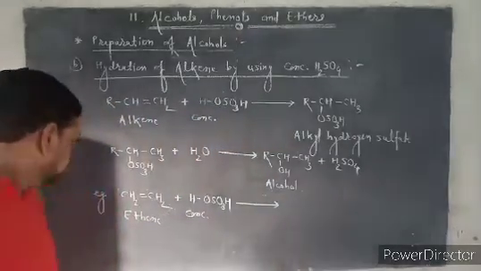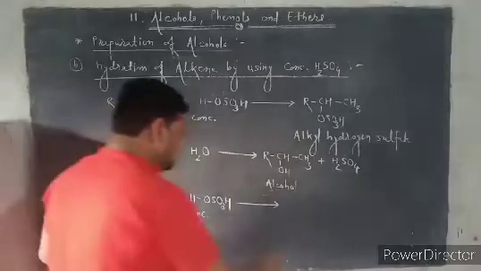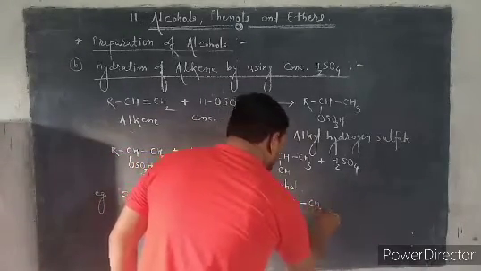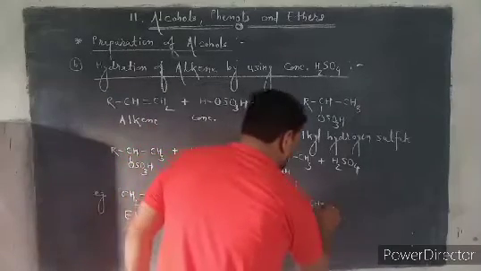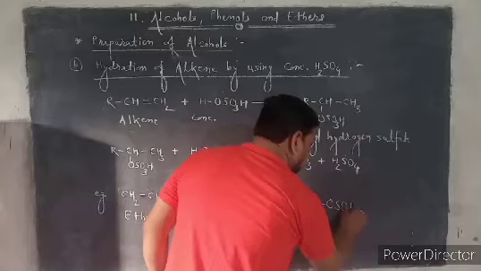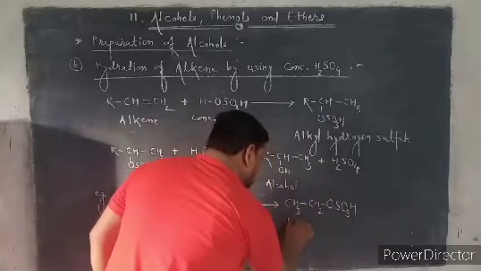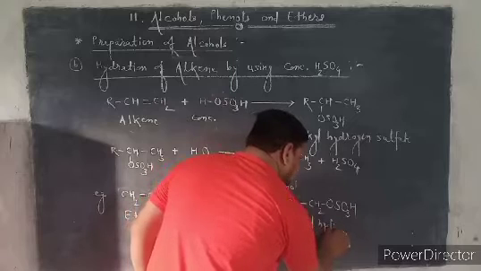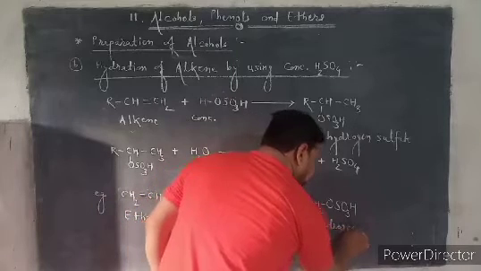Then it gives CH3CH2OSO3H, that is ethyl hydrogen sulfate.